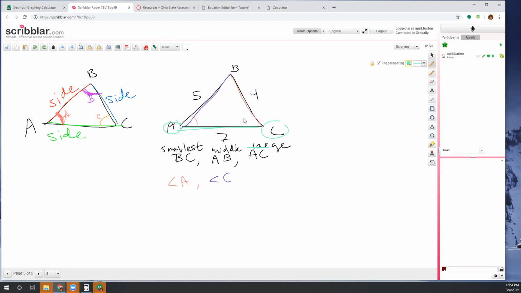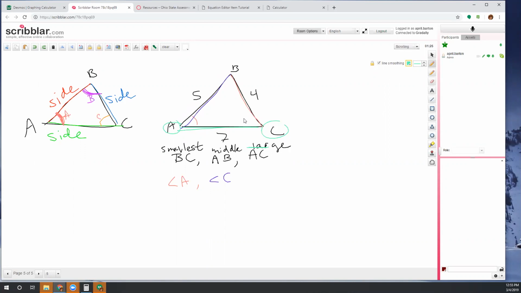Okay. So what angle is across from side AC? You said AC? Which angle is not on AC?